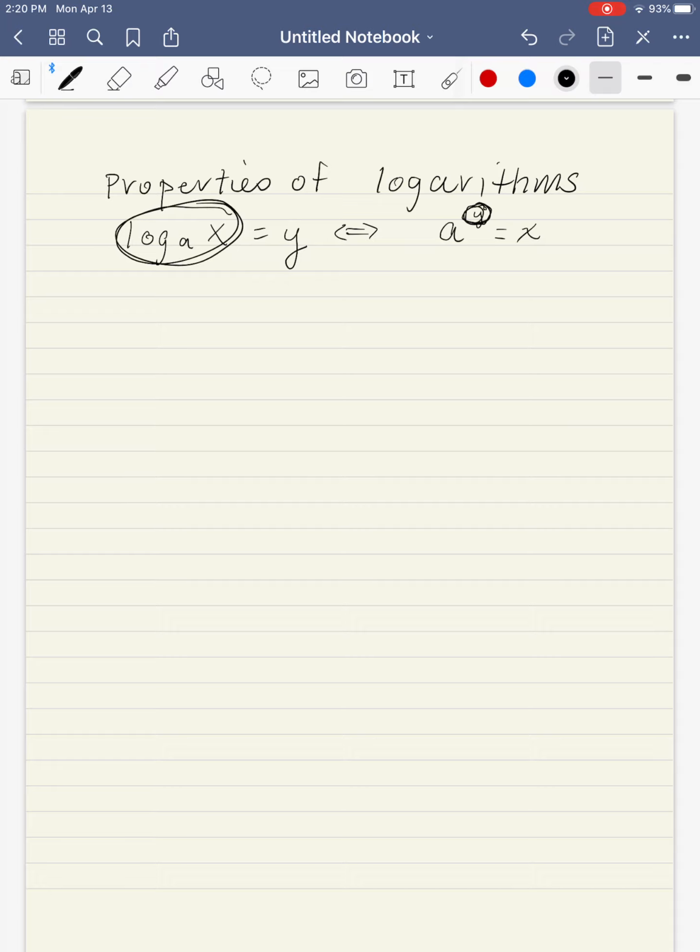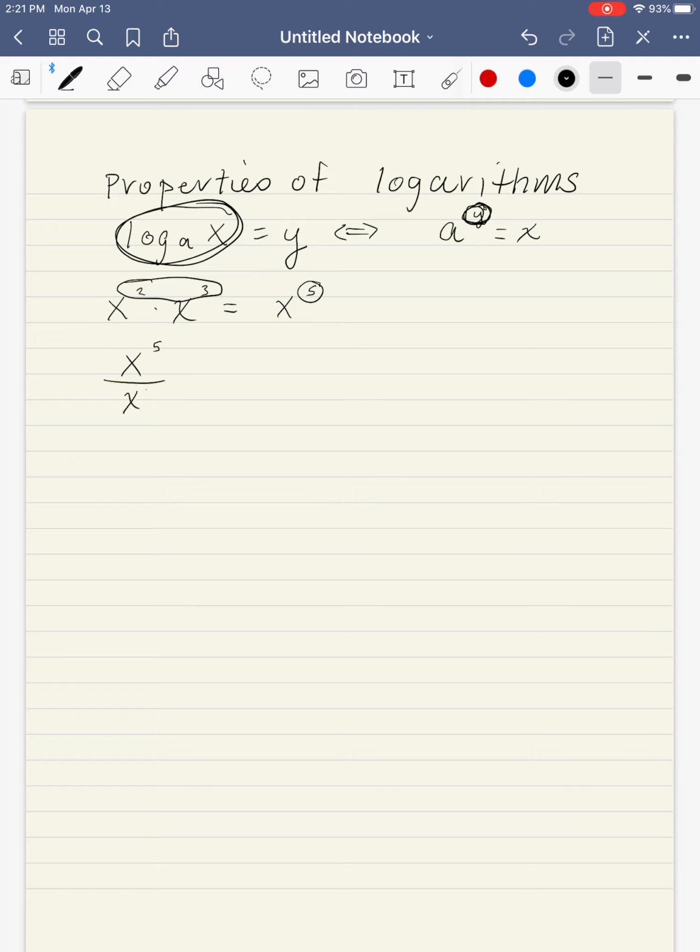So a logarithm, the whole thing, is actually an exponent. So it might be helpful to review our exponent rules for a minute. Remember, if we have x squared times x cubed, that's going to equal x to the 5th power. And what we did was we added our exponents, 2 plus 3, to equal 5.